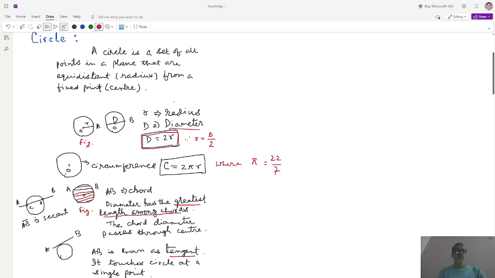So, when a line segment intersects a circle in two distinct points, then this is known as the secant of the circle. When a line segment touches a circle at a point, then this line segment is known as tangent. Here AB is the tangent, and it touches the circle at point O.